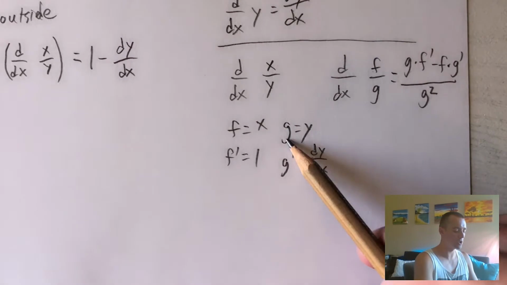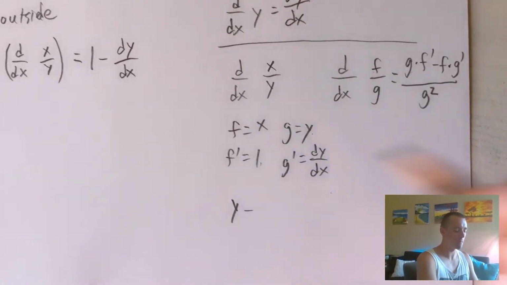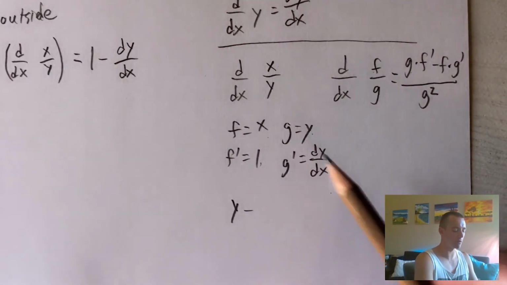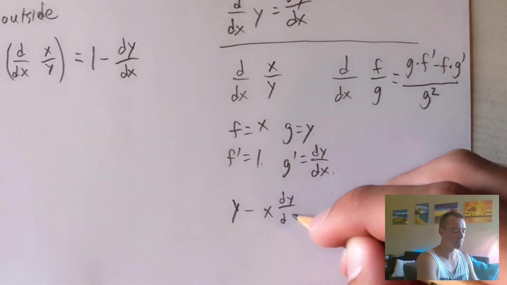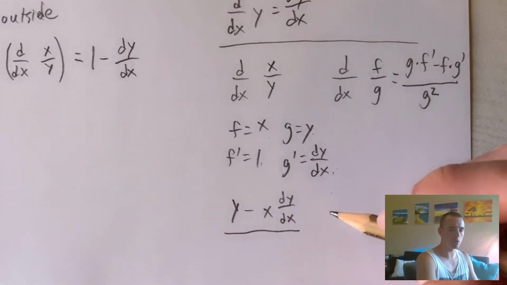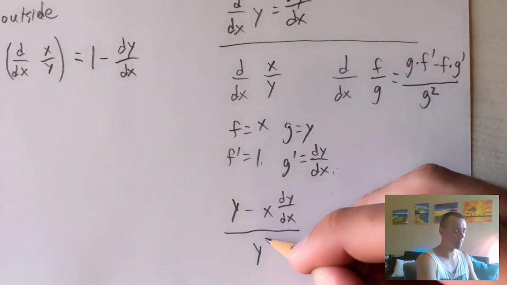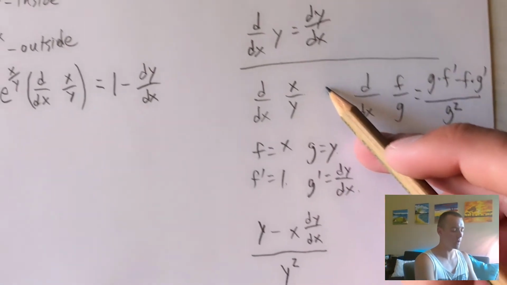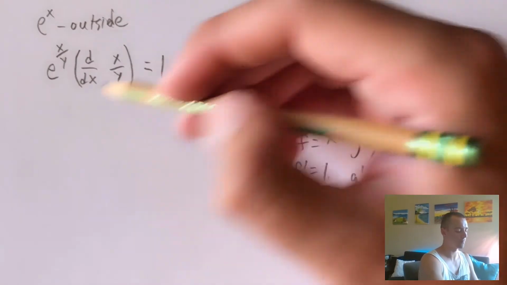So g, which is y, times 1, minus the top function f times the derivative of the bottom, so x times dy dx. And then that's going to be all over the bottom squared, so all over y squared. So this is the derivative of x over y. So now what we can do is kind of substitute this whole thing in right here.